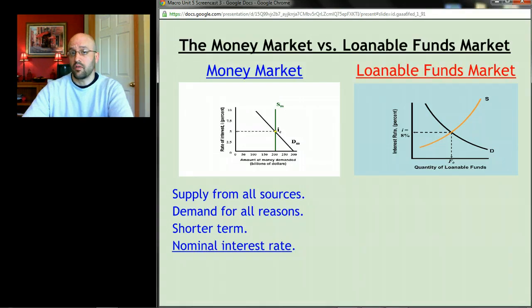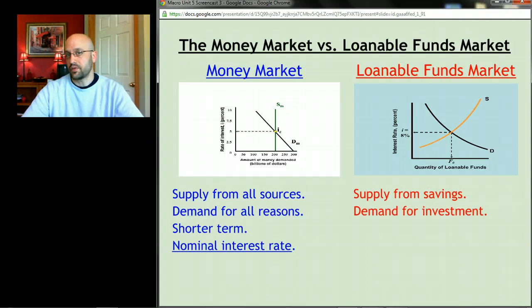The loanable funds market graph you can think of as a subset of the money market graph. The supply of money was supplied from a specific source, people's savings. And the demand for money was for specific reasons, investment, or the demand by consumers to take out loans to buy consumer goods.